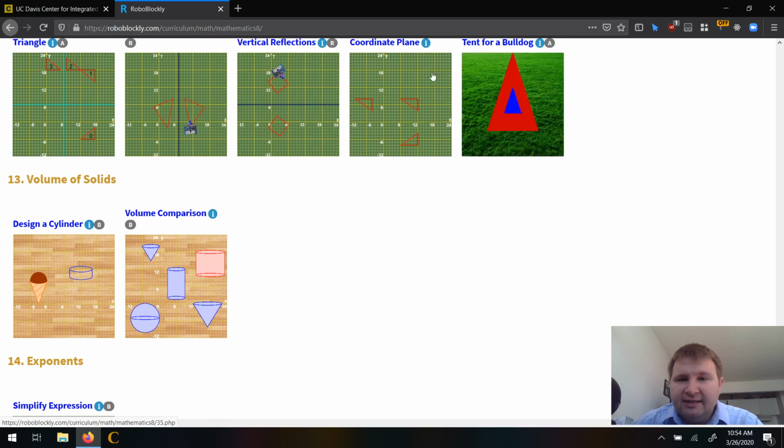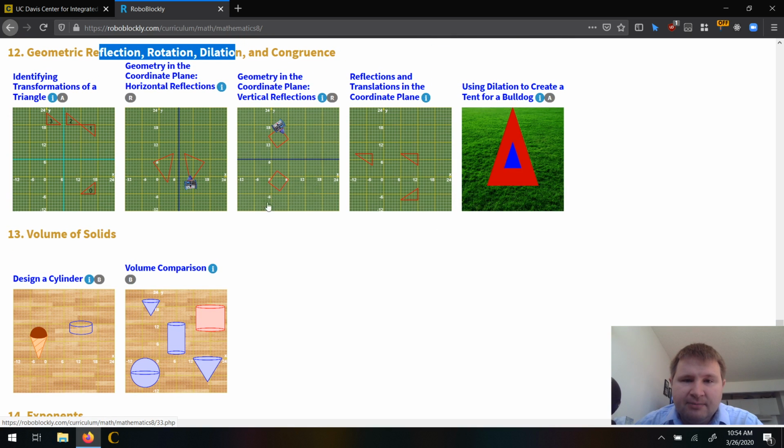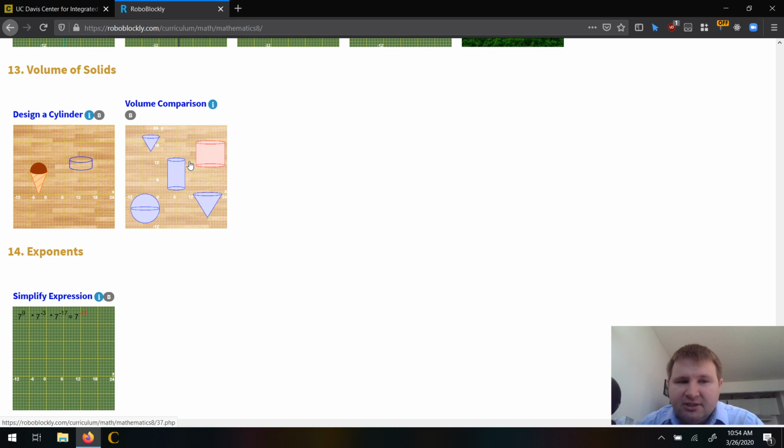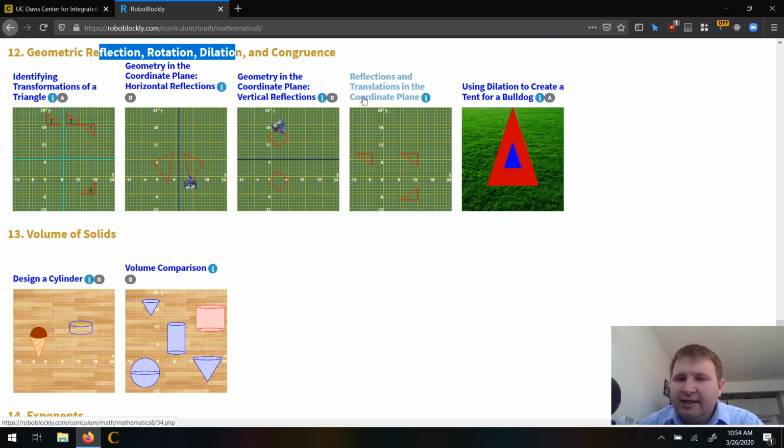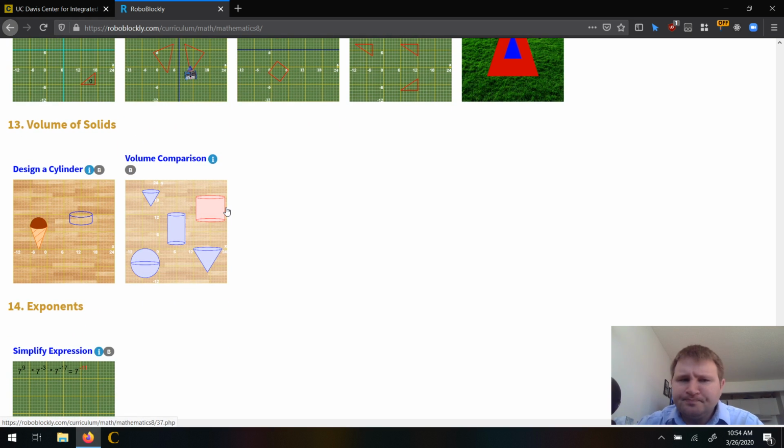We go through dilation for scaling shapes, or translation and rotation for starting to really compose more dynamic sets of shapes here. And then this all gets applied into drawings in the project section that we saw back in that curriculum menu.